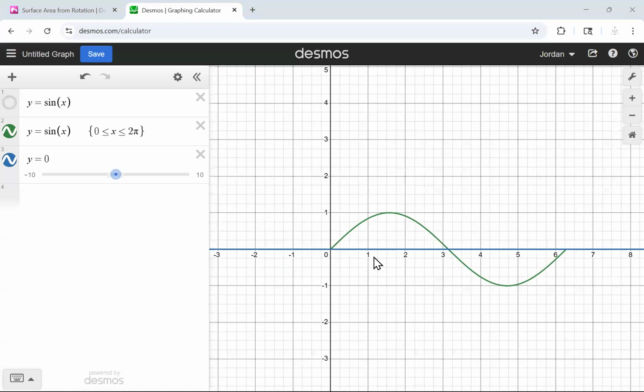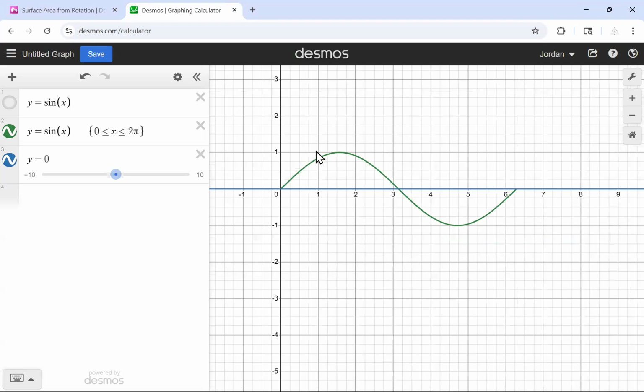And we can see that we've already graphed y equals sine of x from 0 to 2 pi. We can see that here between 0 and pi, the sine is above the x-axis.